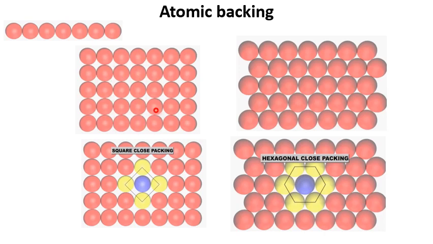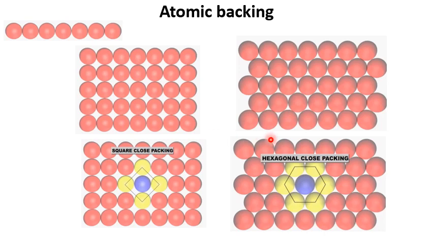For this packing, if we take any atom, we will find that this atom is surrounded by four neighboring atoms. Connecting the centers of these neighboring atoms gives us a square shape. This stacking is called square close packed.